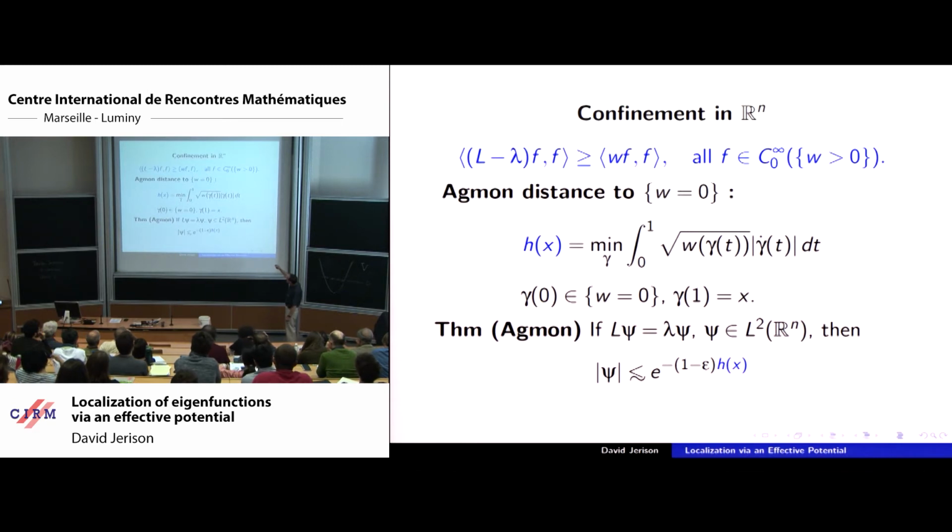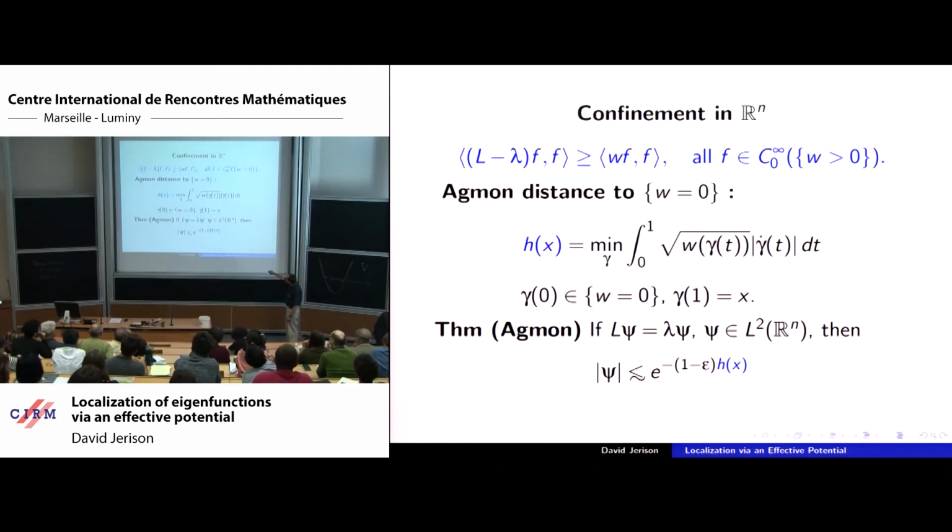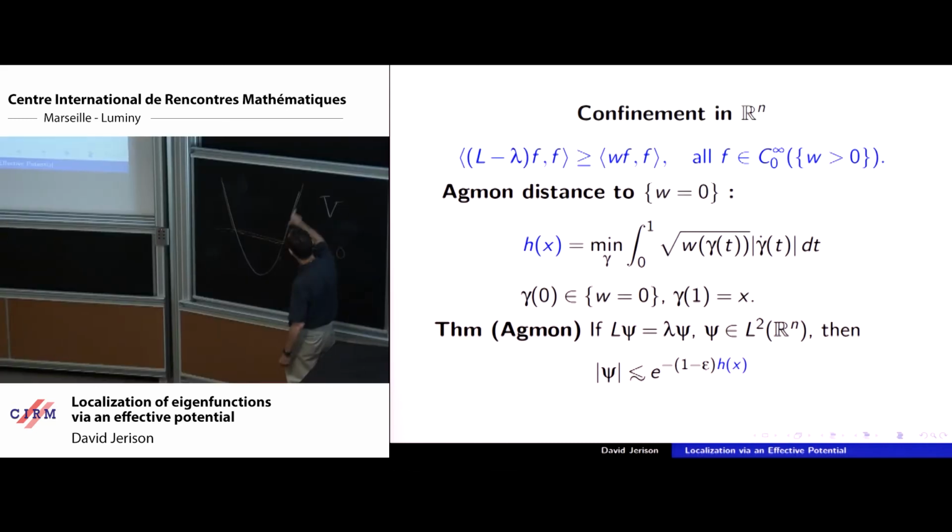So the distance is just the distance with W being the metric, essentially. You take the square root of W, you measure distance with respect to that, and you measure the distance from the zero part, that's this flat part, and all the parts out here, it's getting farther and farther away. It's harder and harder to get farther away. If the potential is increasing, this distance becomes enormous.